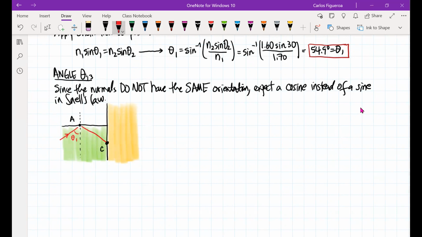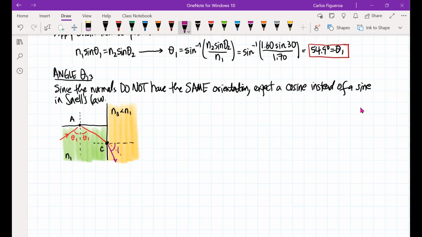So if this angle is theta 1, and we know that N1, and if I compare, N3 is less than N1, we know that this guy here has to bend away from the normal. So according to what we said before, this guy has to bend in this direction.